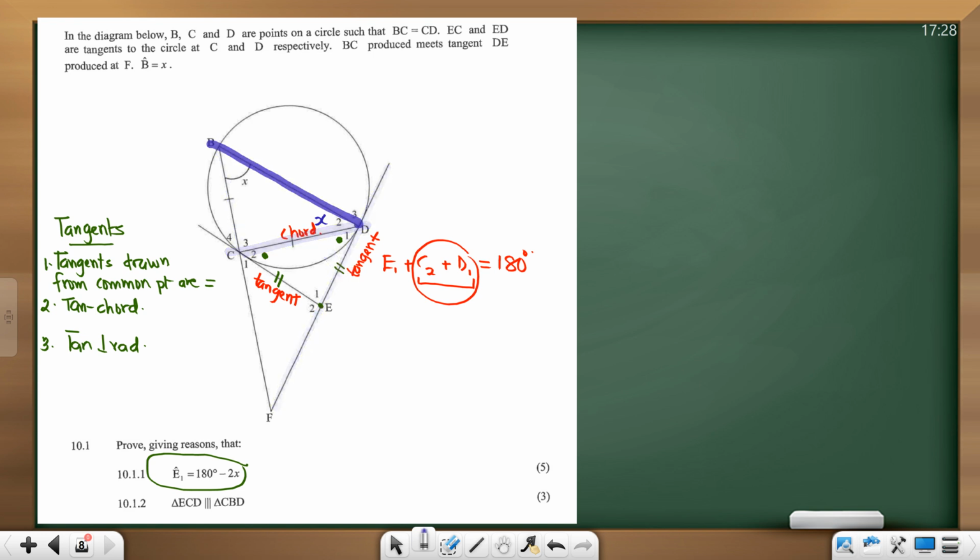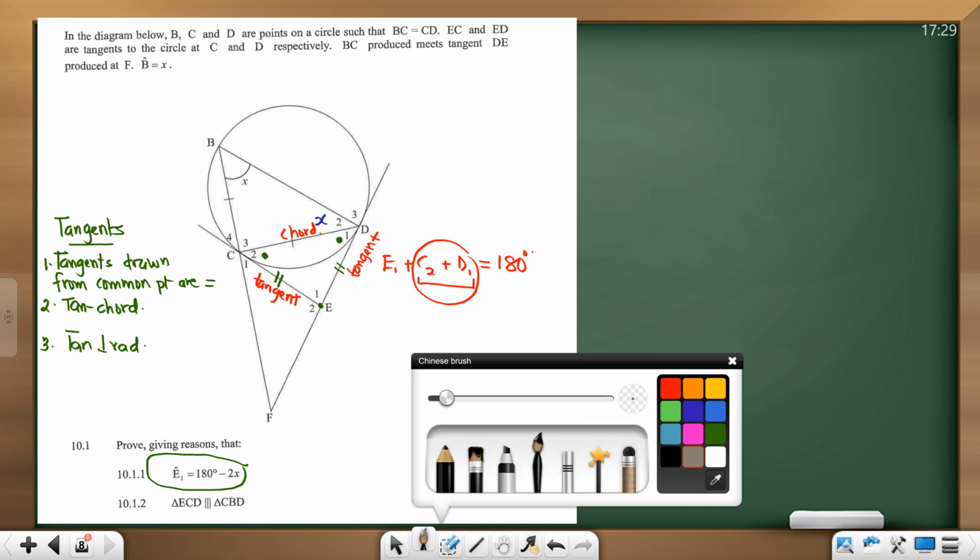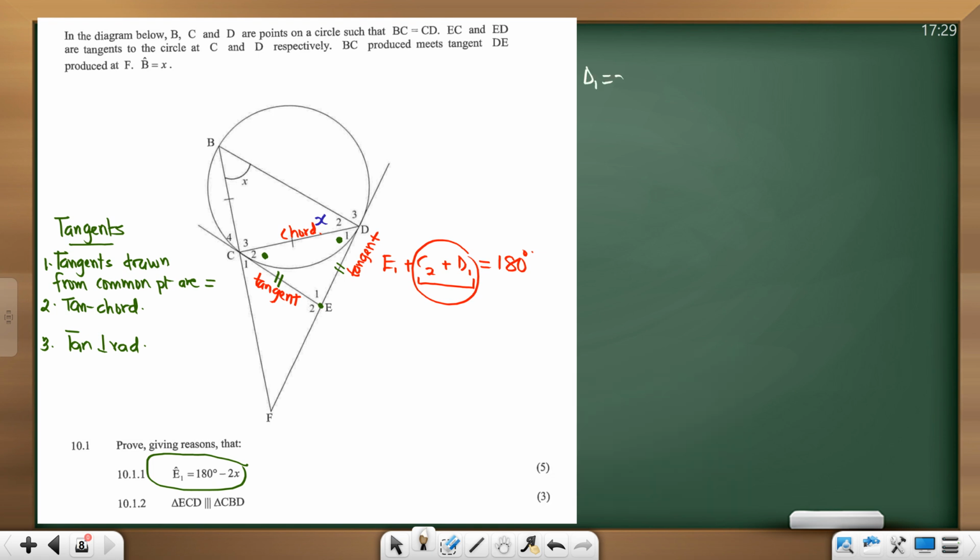Talk to me. Thumbs up, thumbs down, especially those of you that got lost. So we agree that I now know that my D1 equals X. What's the reason? Tan chord. I'm going to go a different way from when I started. Do you notice that C2 is also equal to X?